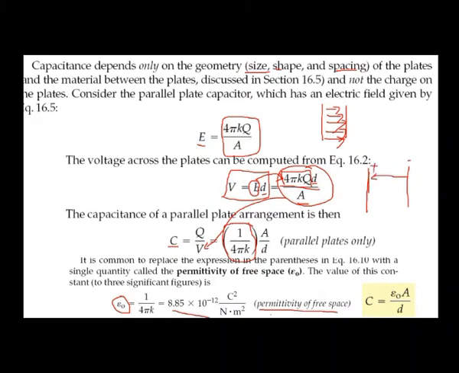That is what is meant by the permittivity constant. We call the material in between the dielectric material, and different dielectric materials offer different permittivity. So the formula now for our capacitance is this one.